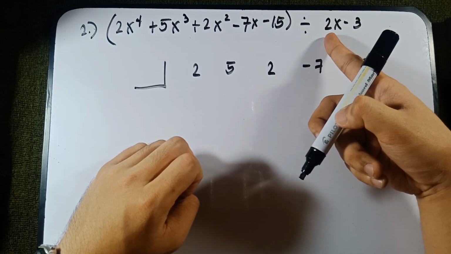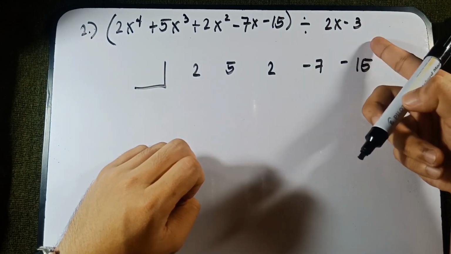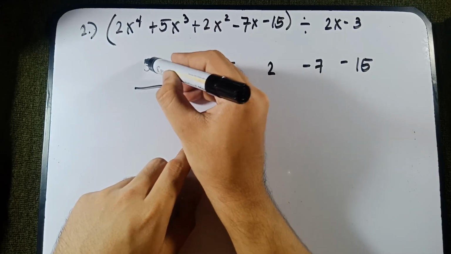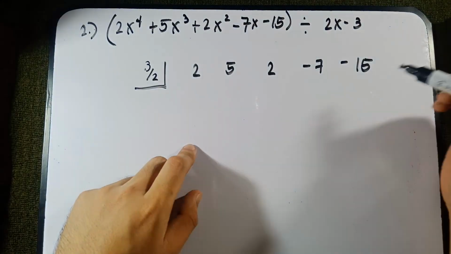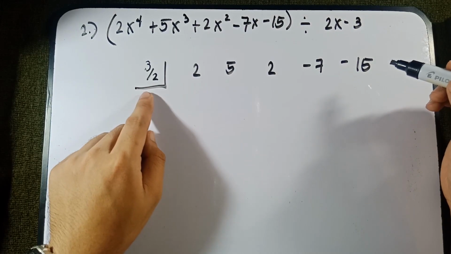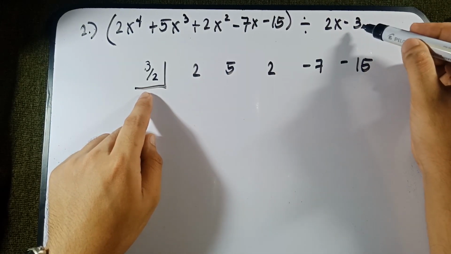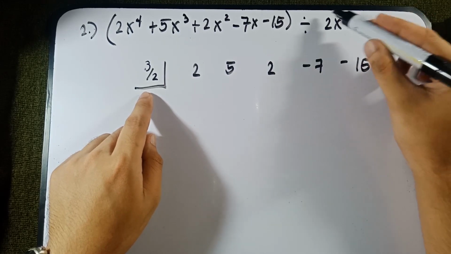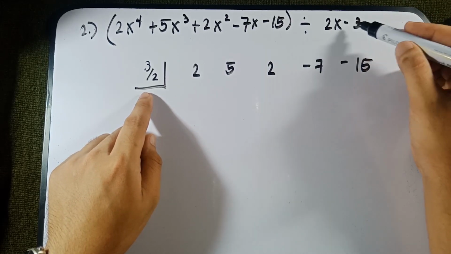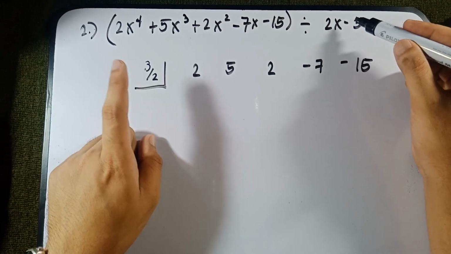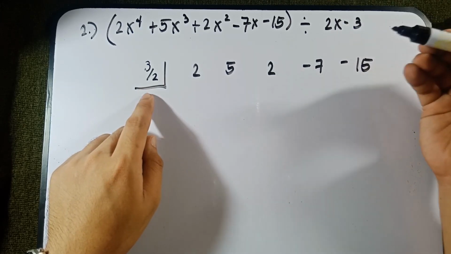So, ito ay 2, magiging 3 over 2, tas yan ay negative, magiging positive. So, positive 3 halves. Yun yung ating value dito. Okay? So, again, di-divide mo lang ito doon sa coefficient ng x, tapos papalitan mo yung sign. From negative, magiging positive. Alright?